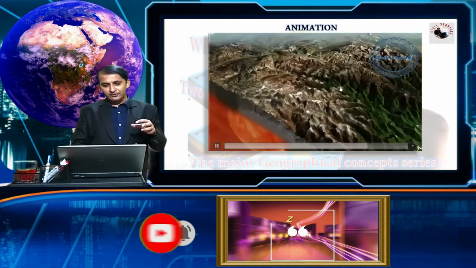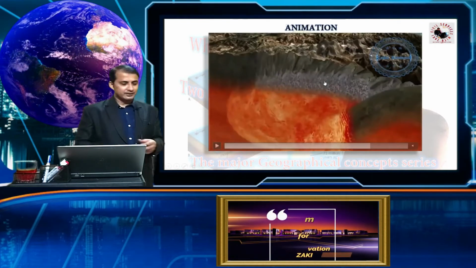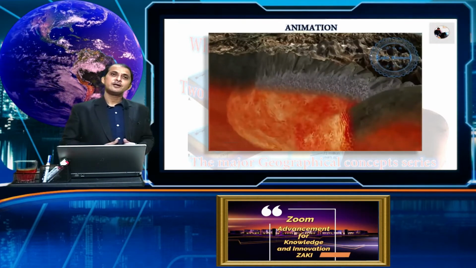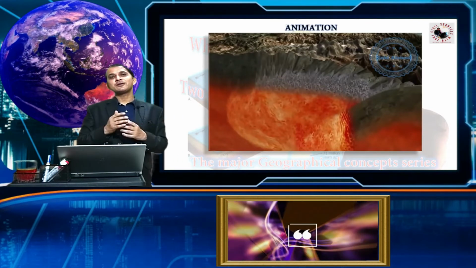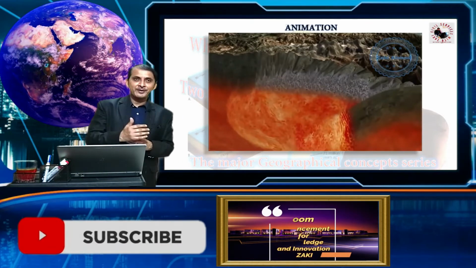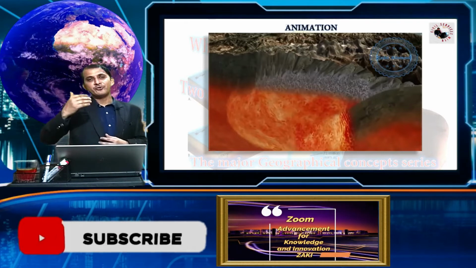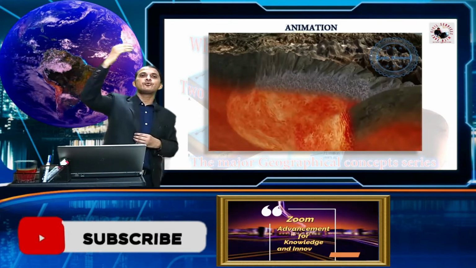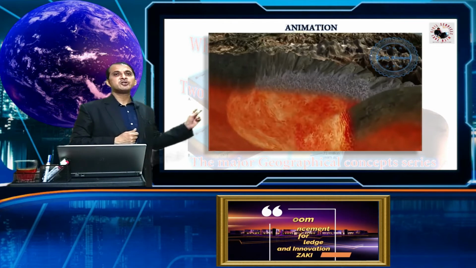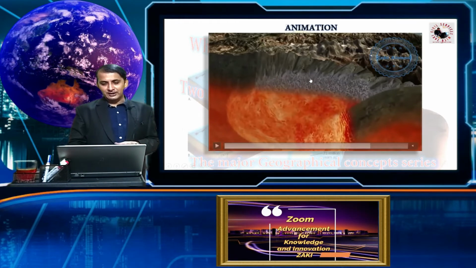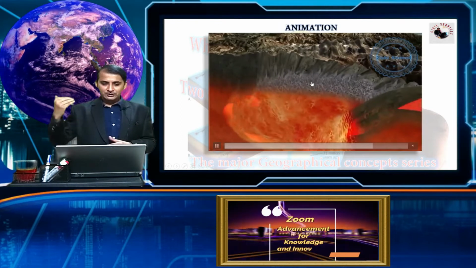This conveyor belt is continuously rising, and that is why the mountains in the Himalayas continue to rise, because this process is called the channel flow process. See here, this is the channel flow process.